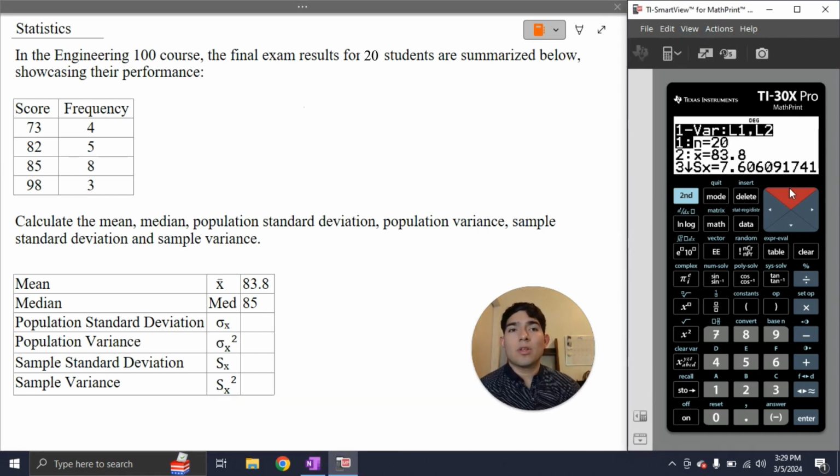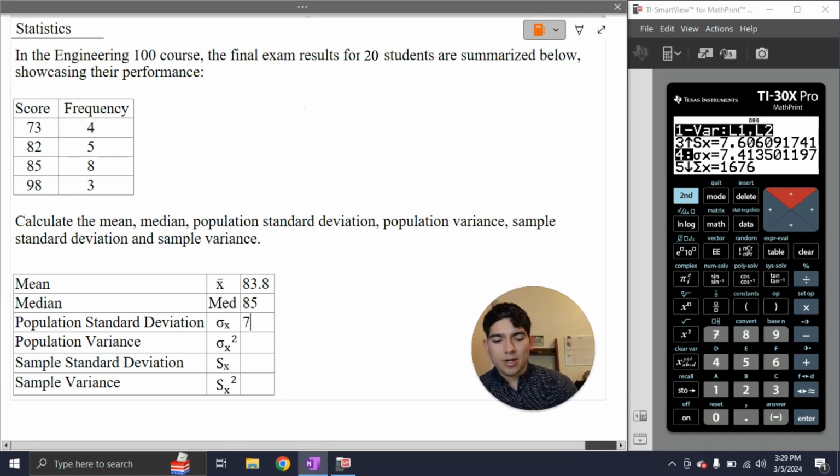Now, the next thing we're looking for is the population standard deviation. So this is the symbol for population standard deviation. We look for that here in the calculator and we see that our population standard deviation is 7.41. So we put that here.